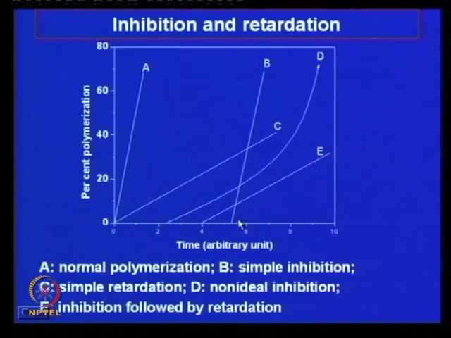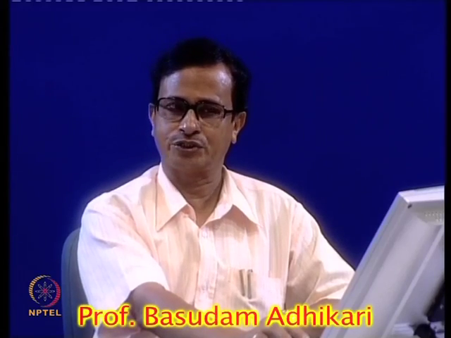In order to start the polymerization, you have to remove the inhibitor. After removal of the inhibitor, it starts polymerization. In this case E, inhibition occurs till this time, then growth is retarded. So, inhibition followed by retardation, and this is a non-ideal inhibition. So, this is what is called inhibition and retardation.